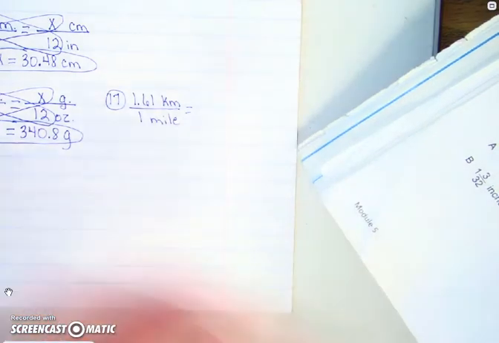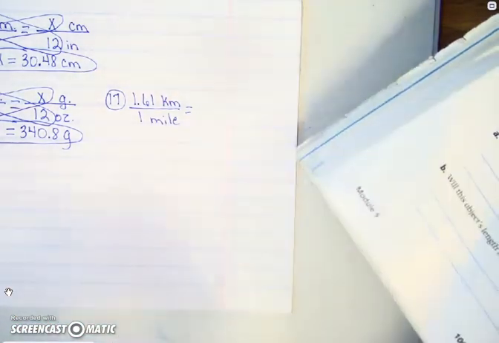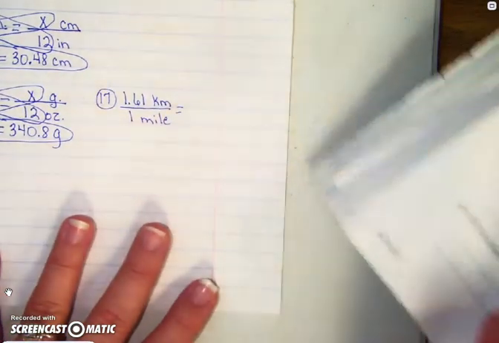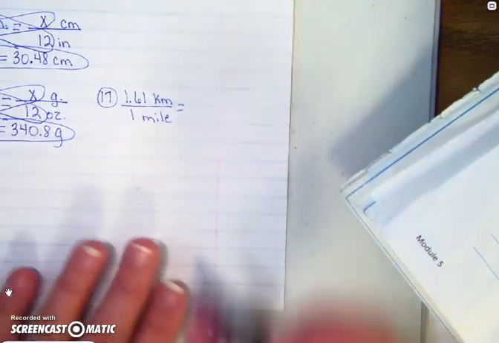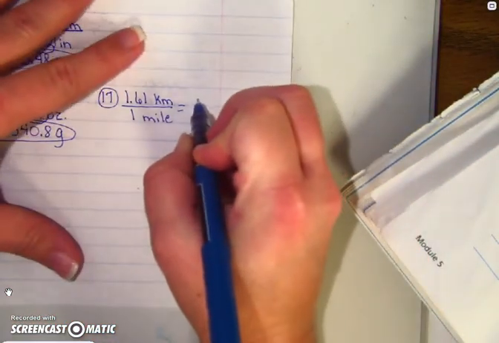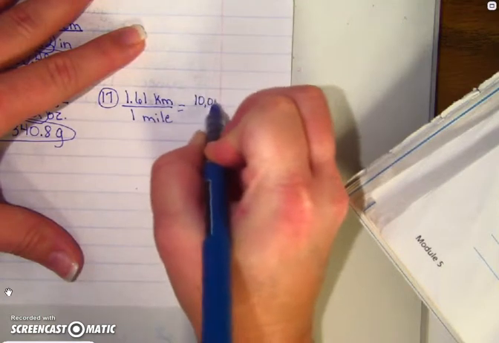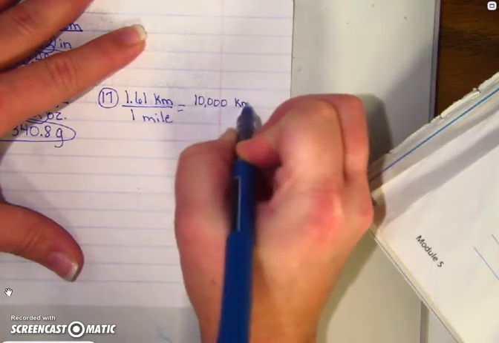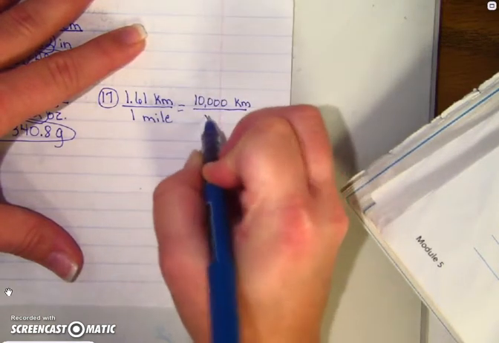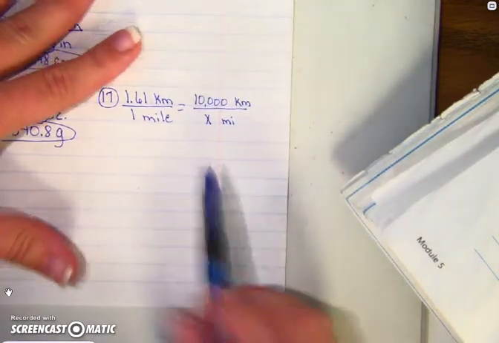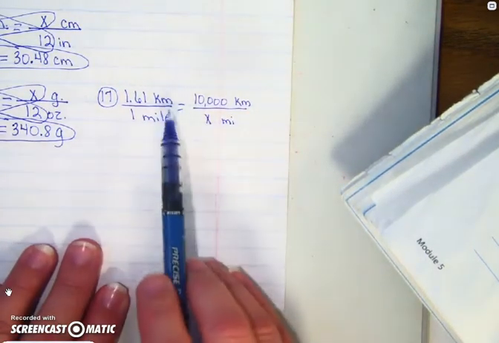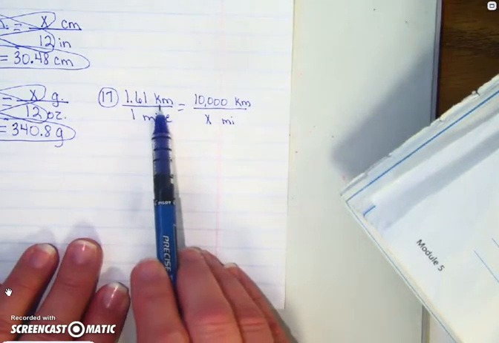And we want to know if we have 10,000 kilometers. So we're going to put that 10,000 kilometers up here on the top, and our x miles on the bottom. Remember, our units have to be side by side, the same units.